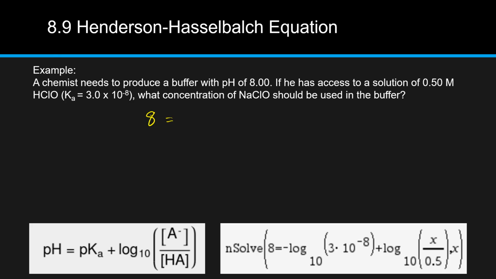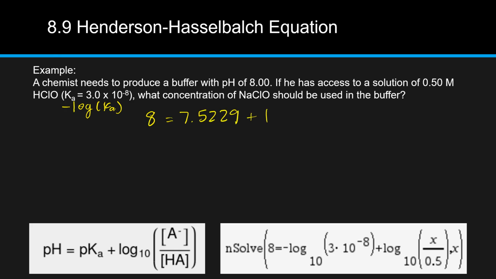We also have the pKa by taking the negative log of our Ka. So in your calculator, do the negative log of 3 times 10 to the negative 8. That's going to give us a pKa of 7.5229.